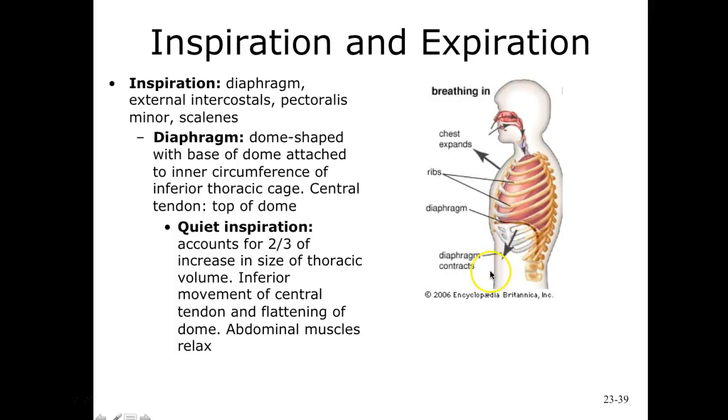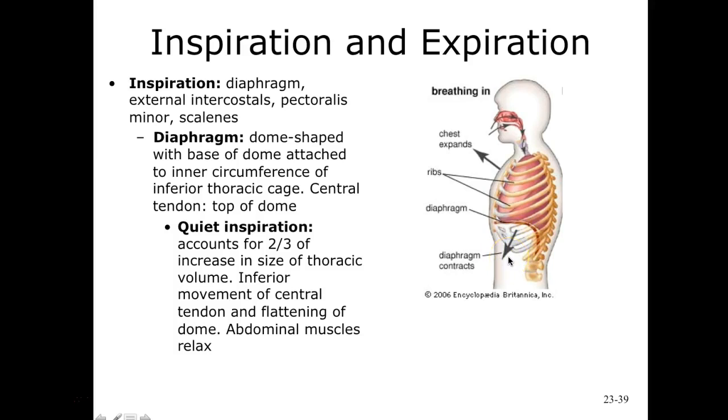We are going to mostly have quiet inspiration unless you're doing something like exercising. But that quiet inspiration is going to account for 2/3 of the increase in size of our thoracic volume. And the inferior movement of the central tendon of our diaphragm and the flattening of that dome will assist in that.